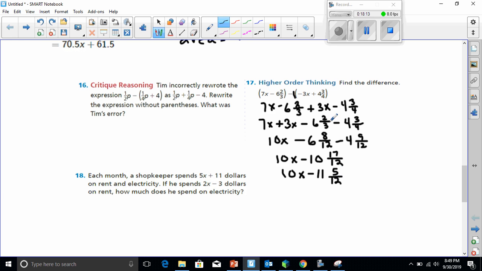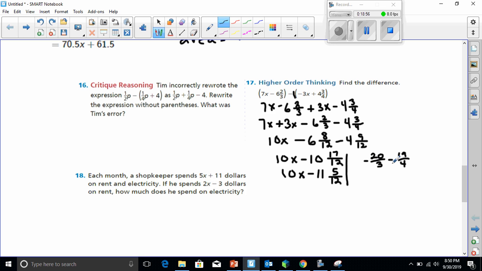Now some of you are thinking, Mr. Mendez, why didn't you turn these into improper fractions first? Let's see what would have happened if I did. We're just going to rewrite it on this side. 3 times 6 is 18, 19, 20, so that would have been 20 over 3, combined with 19 over 4, which is negative.